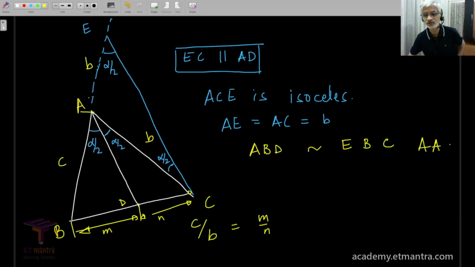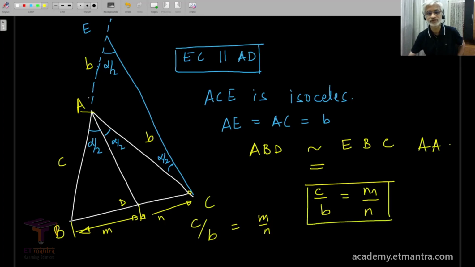And finally, because of similarity, we have C by B is equal to M by N, and we are done. The main reason why this standard proof was repeated is that it's a standard construction, and of course we've used similarity. So with that, we end this session on remarkable form.